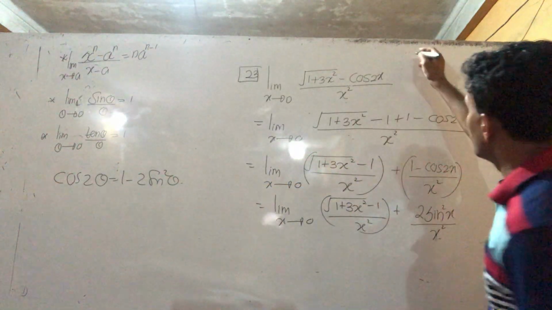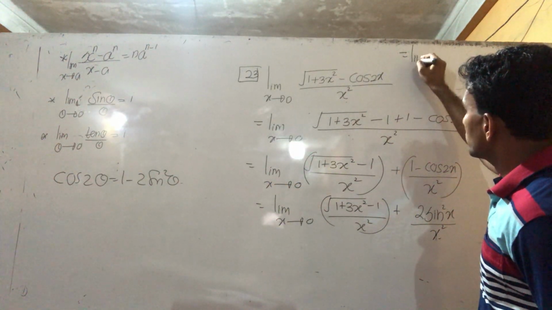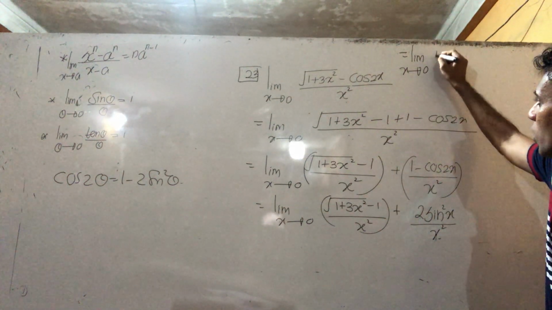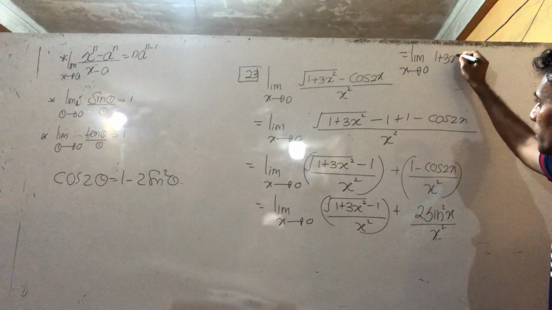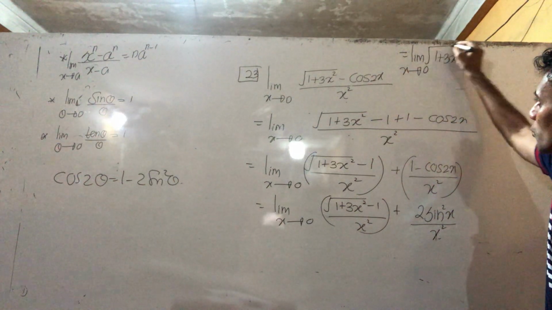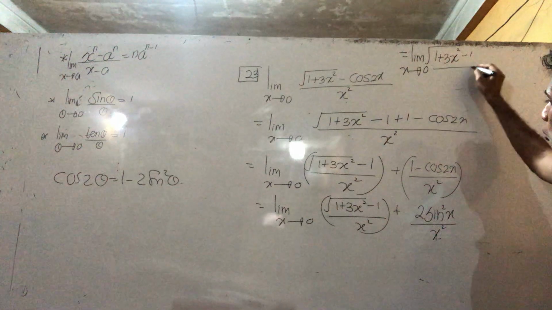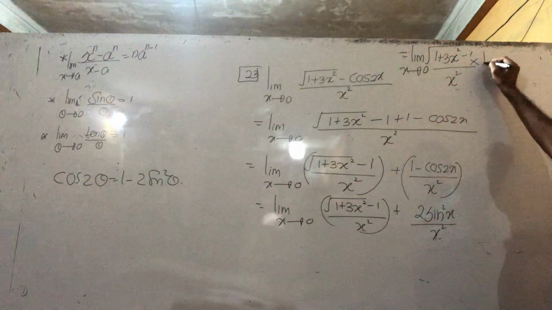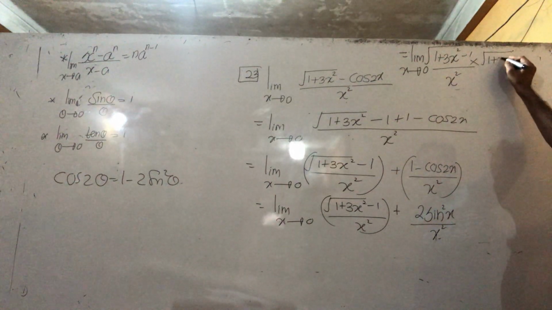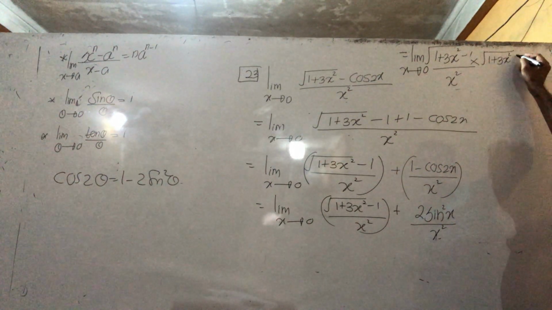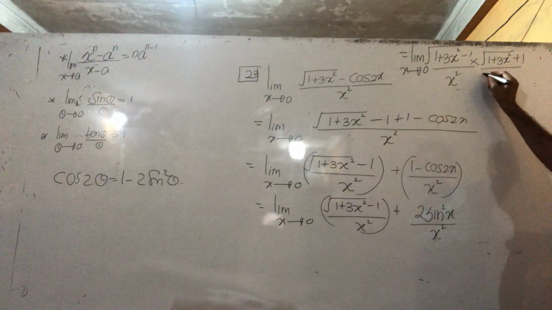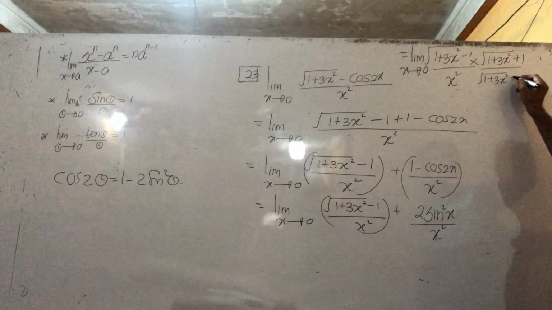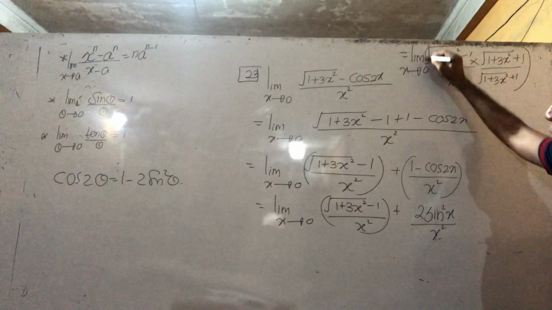So limit x tends to 0 of square root of 1 plus 3x square minus 1 over x square, multiplied by the conjugate, square root of 1 plus 3x square plus 1 over square root of 1 plus 3x square plus 1. This is one part.